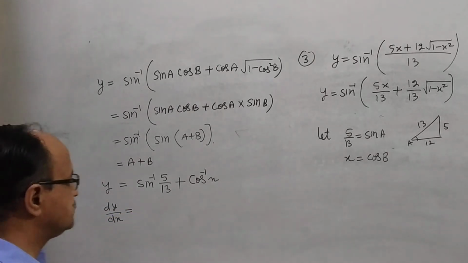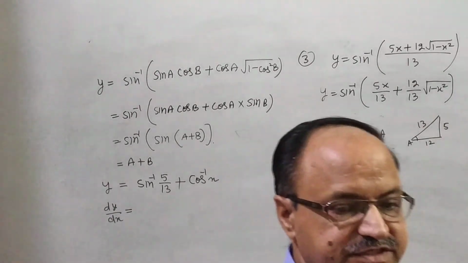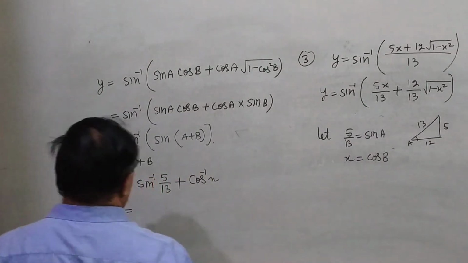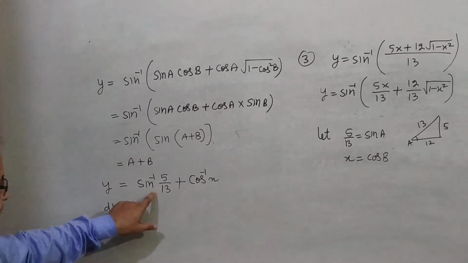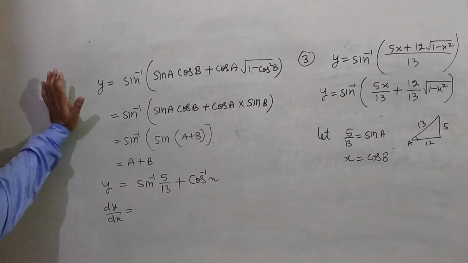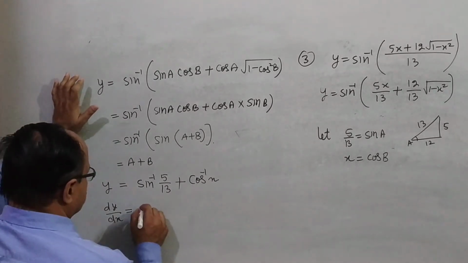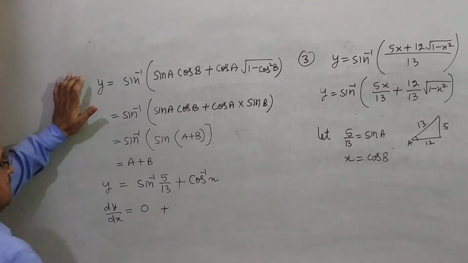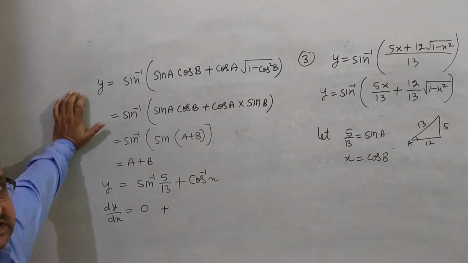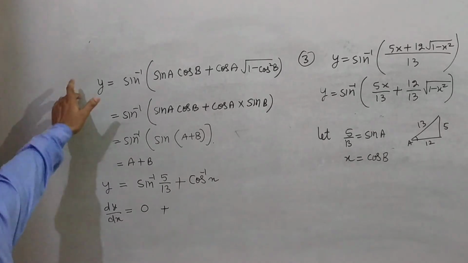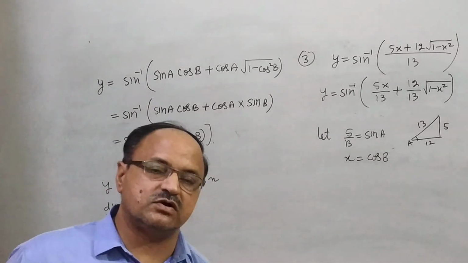Now dy by dx. Differentiate both sides with respect to x. And the derivative of this, can you tell me? It is a constant term, and the derivative of a constant term is 0. And the derivative of cos inverse x, you know the formulas very well for the derivatives of sin inverse x, cos inverse x, tan inverse x, cot inverse x.